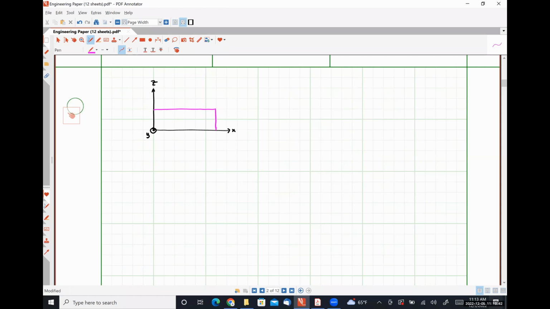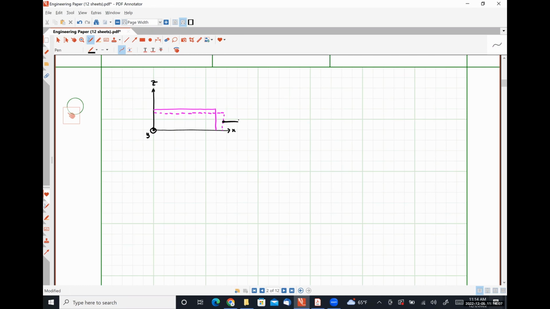Before the force is applied, this is what it looks like normally. After we've applied some amount of force, enough to cause some sort of elongation in the beam, this is what our new shape would look like, okay?